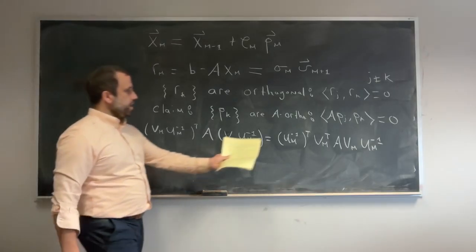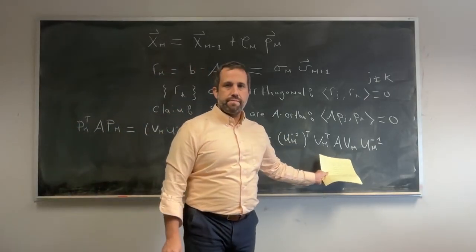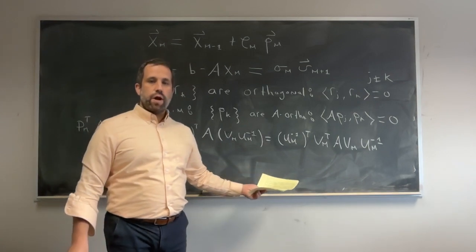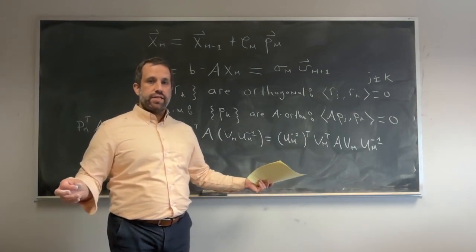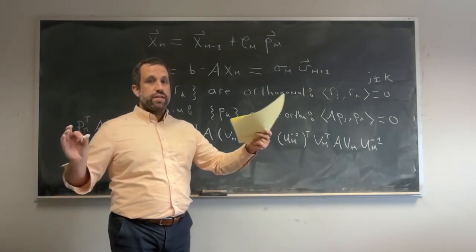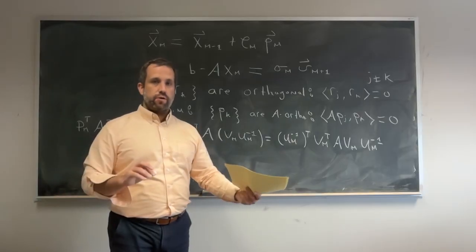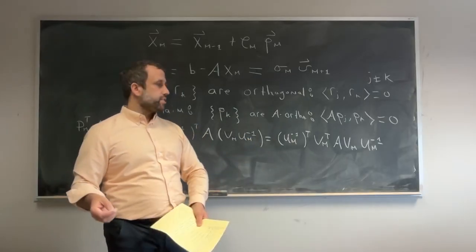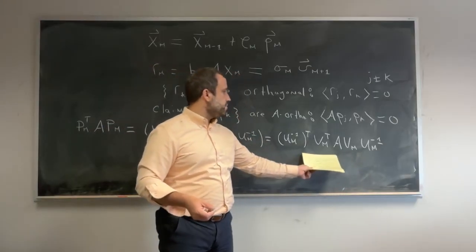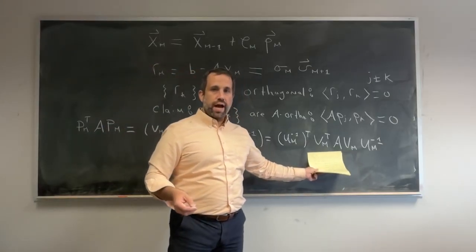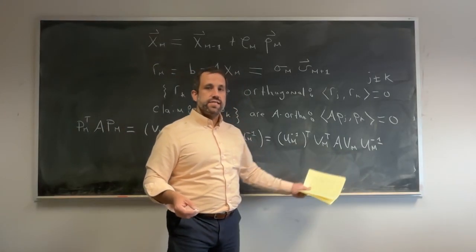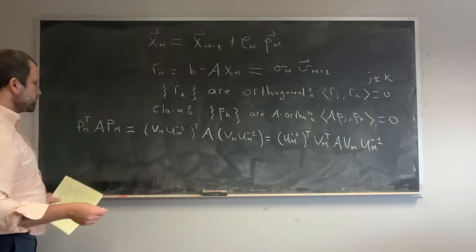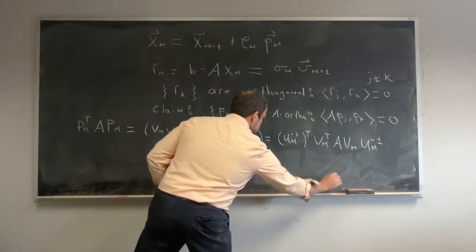Well, remember VM transpose AVM, in the case where we're doing full orthogonalization, which is what we're doing here, because in the Lanczos algorithm, it's incomplete orthogonalization, but since A is symmetric, it's also full orthogonalization. In any case, this right here is going to be the HM matrix, or as we call it for the Lanczos case, the TM matrix, since it's not merely Hessenberg, but it's also tridiagonal.